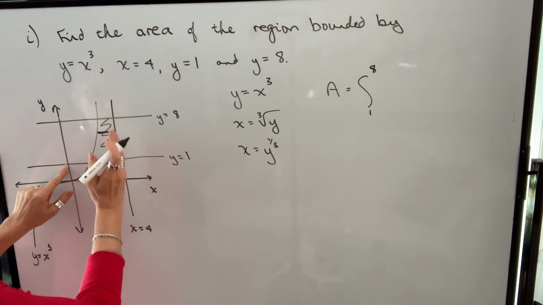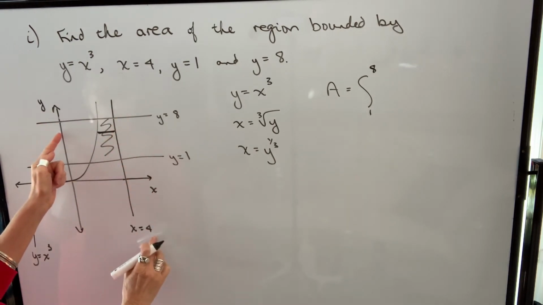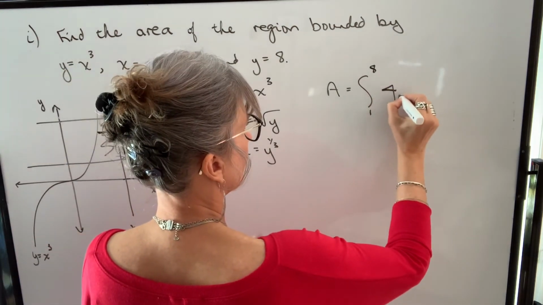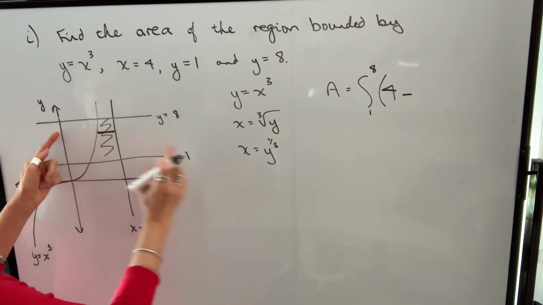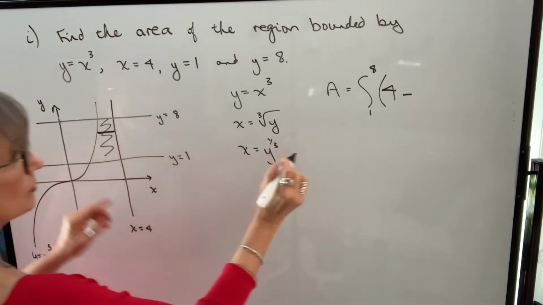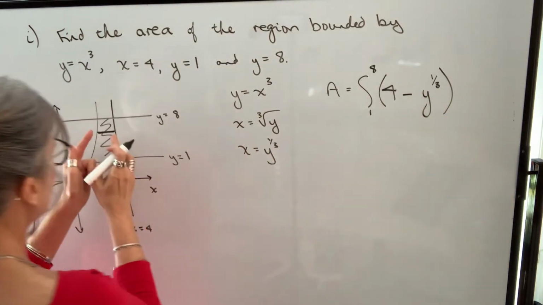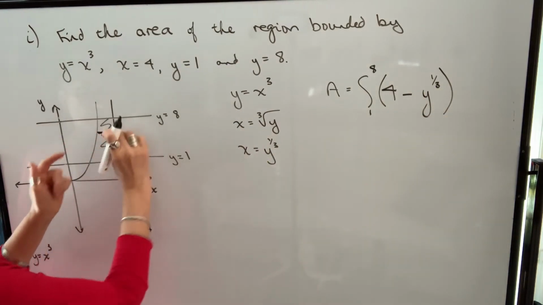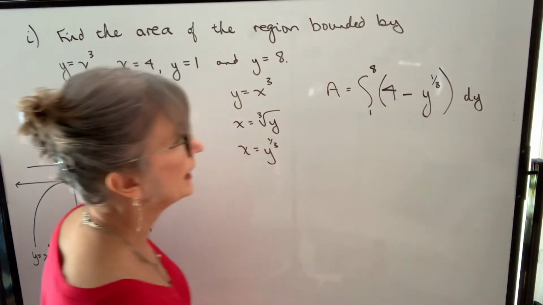And it's going to be the right curve, because it's this x value, which would be 4, minus this x value. This x value will be y to the 1/3. So that would be the length of that representative rectangle, and the width is dy. And now we integrate.